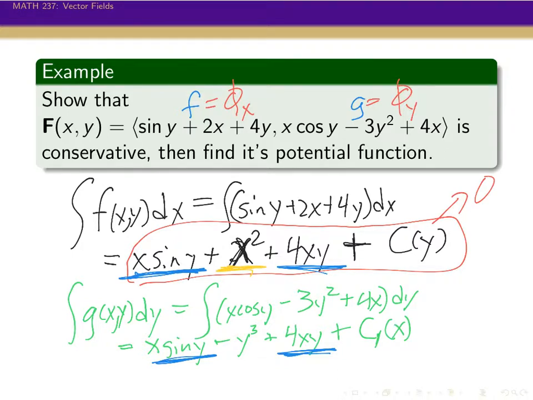That's a function that just involves x, and so that's going to correspond to that c1 of x. My bottom function has a minus y cubed. That's a function that just involves y, so that's going to be my function c of y.